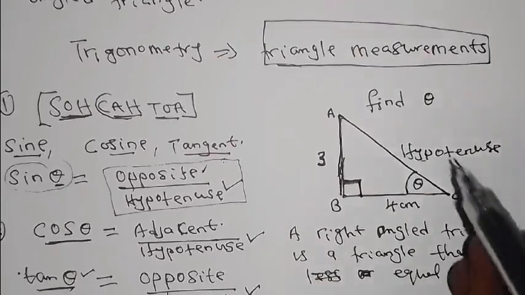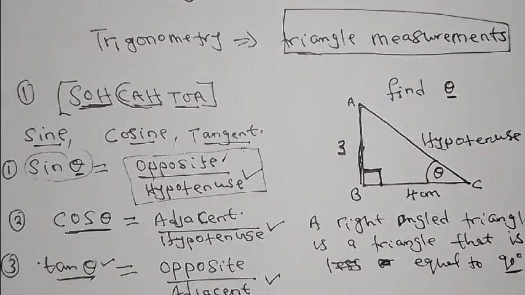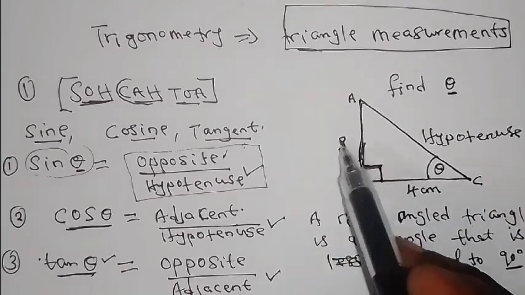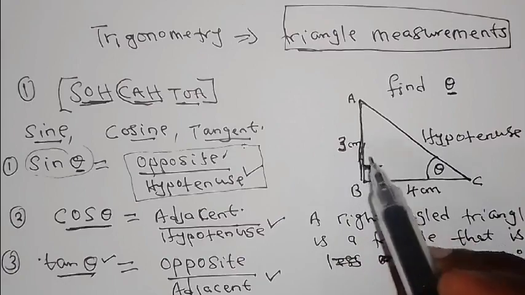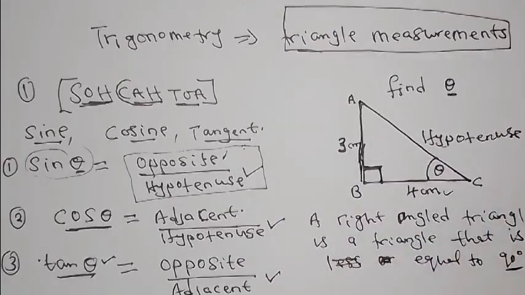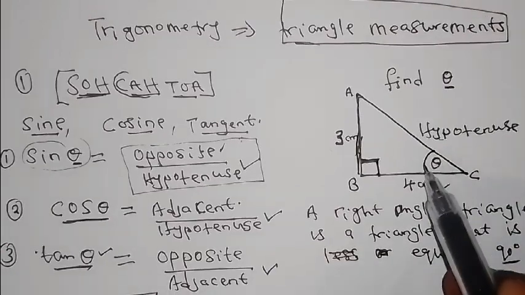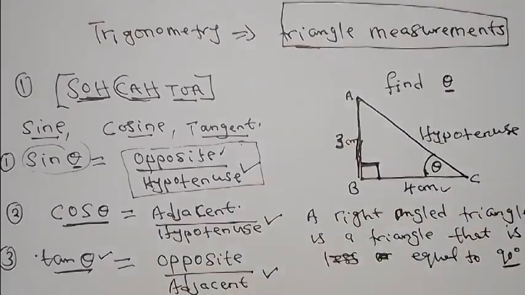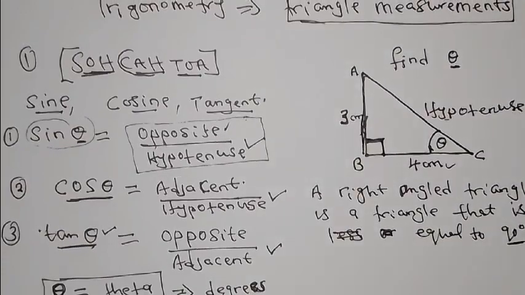So how am I supposed to find theta? For you to find theta, you have to look at what you have been given. There are 3 centimeters there, and also another 4 centimeters there. But the most important thing is the position of the angle, because the angle should be related to one of the sides.